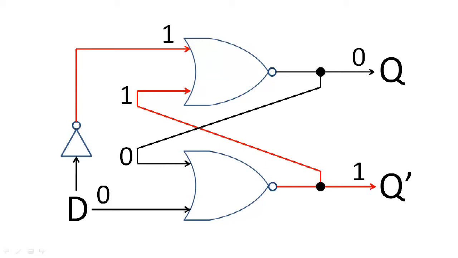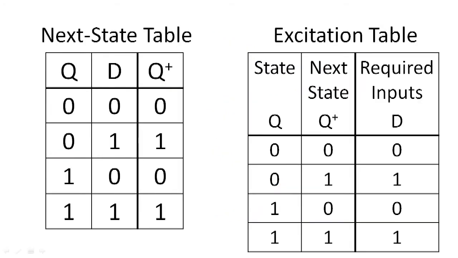When we change the data input to 1, the input's complement and the Q prime become 0. Then the state of the latch is set to 1. We can describe the D latch's behavior with the same tables as before. Notice that the next state is always the same as the data input. Much simpler, huh?